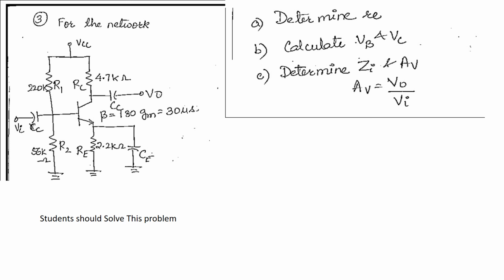Later on, redraw the AC equivalent circuit, and find out Zi, the input impedance, and AV, the voltage gain. Try yourself. If you don't know, we will solve it in the live session at the 12th lecture from the beginning of the session.